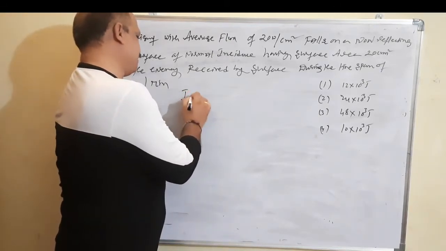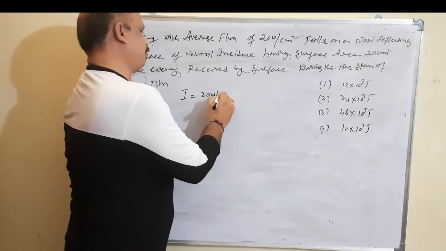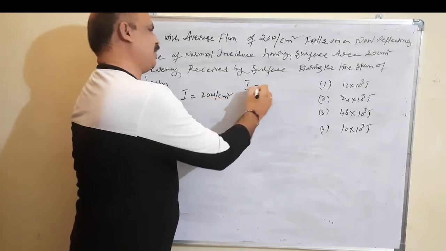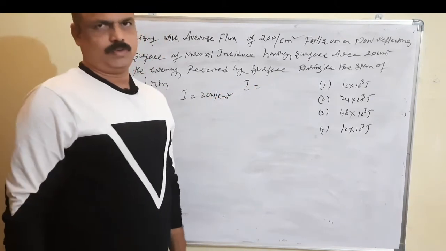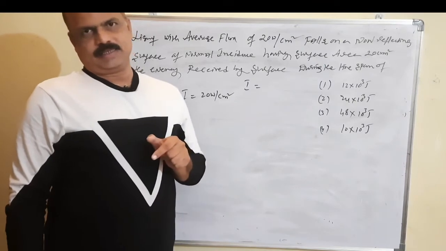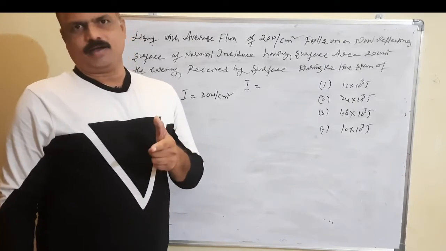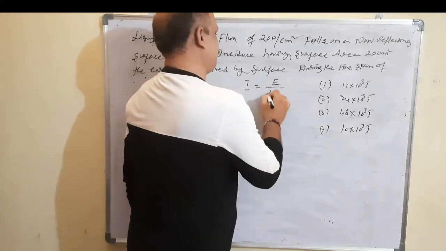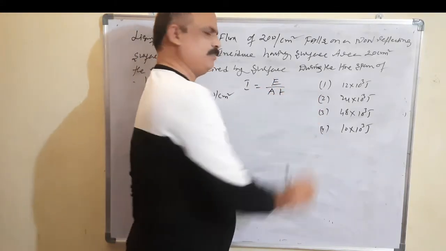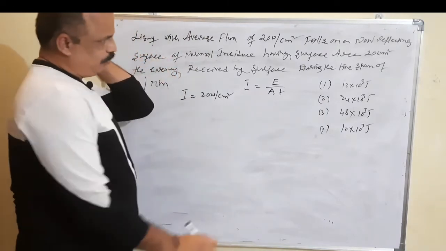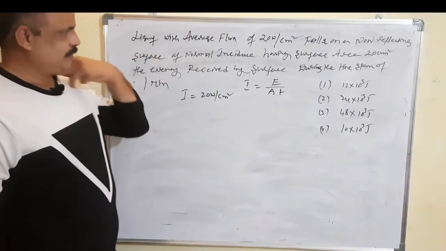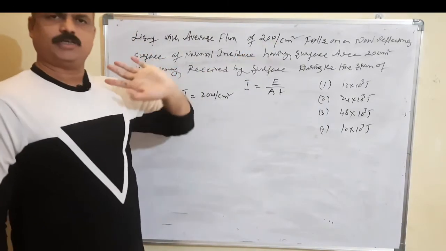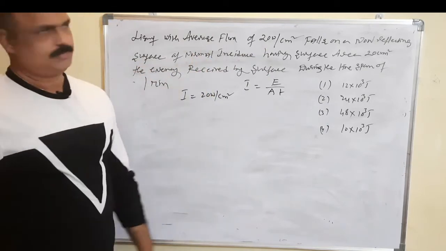Here they given I is equal to 20 watt per centimeter square. We know that intensity is equal to energy per unit area per unit time. So in the problem they given 20 watt per centimeter square, that means that is intensity.